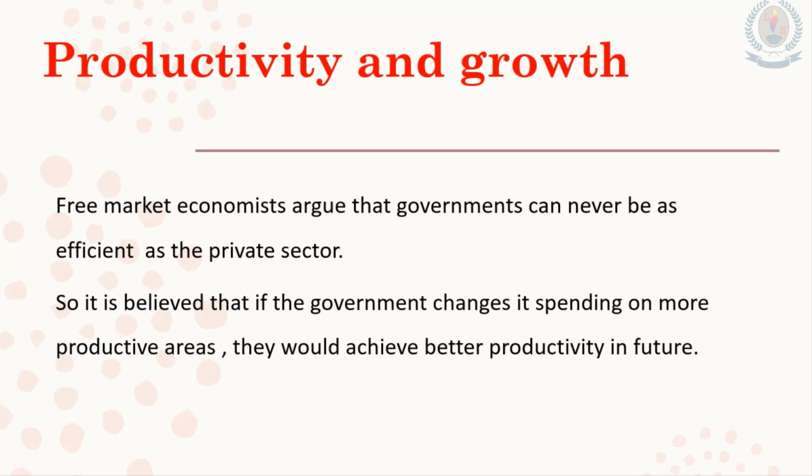So, it is believed that if the government changes its spending to more productive areas, they would achieve better productivity in the future without producing all the goods that are necessary. If they move their investments to the most profitable areas, they would be better in productivity.